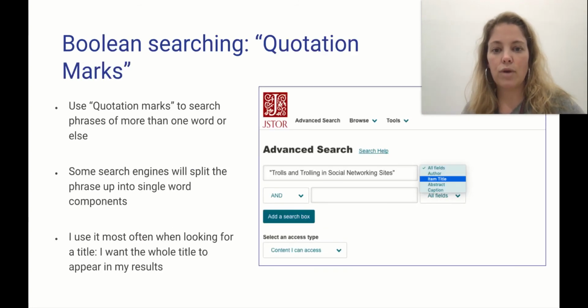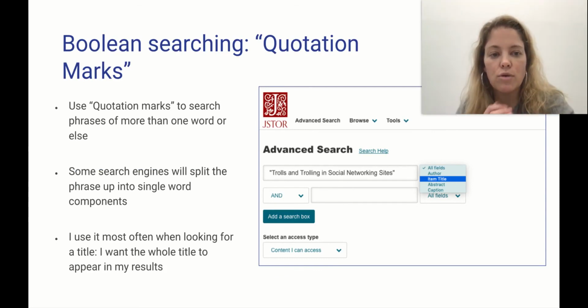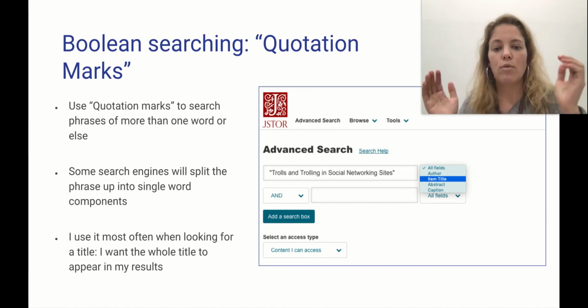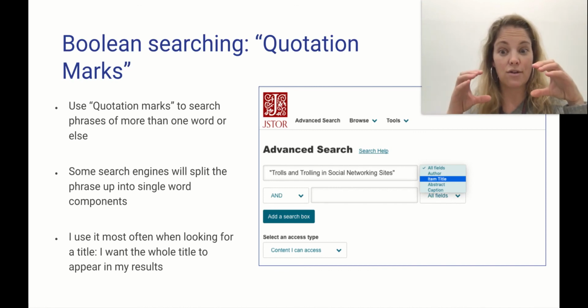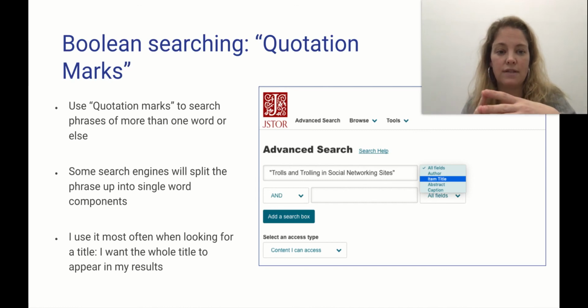Another really powerful thing to use when you're searching is using quotation marks. When you use those quotation marks in your searching, what it does is it sticks everything together and searches for it as kind of a locked together title or term, set of terms. I use this most often when I'm searching for a specific title of something. I will put it all inside. If you don't do that, the search engine may break it up into pieces.